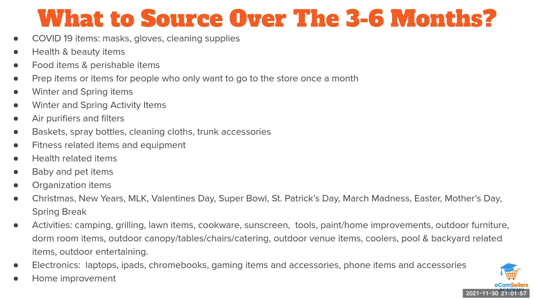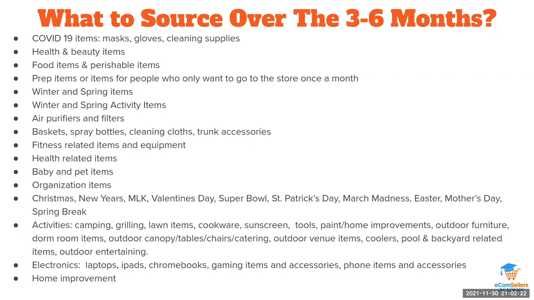Tools, home improvement items, outdoor furniture, again, dorms. So there's a bunch of kids that are coming home for Christmas, and then they're going to go back to the dorms beginning of the year. So dorm related items are going to be selling here in a minute. They sell a lot more in July than they do right now, but they will sell.